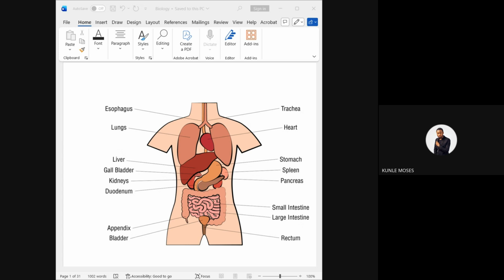Just look at it, study it very well. Is there any structure you think can give you a headache in identifying it? Anyone at all? Should we continue, right?